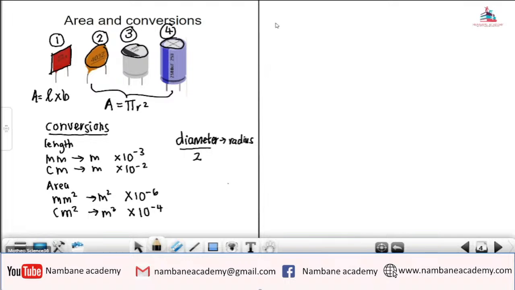We also have a concept of charge. So when it comes to conversions of charge, there can be multiple conversions of charge, but those are from grade 10. The first topic in grade 10, you had these conversions. So there's nanocoulomb, there's microcoulomb, they can even be picocoulomb. It doesn't matter.